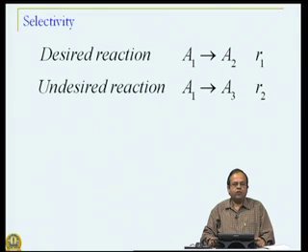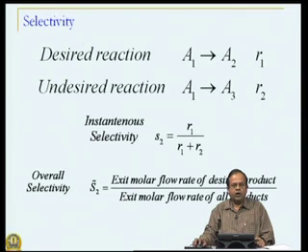So, we have to define what we term as selectivity, and in the last class we defined two different kinds of selectivities. One is the instantaneous selectivity, small s2, which is the ratio of the rate of the desired reaction to the total rate of consumption of A1, both in the desired as well as the undesired reaction. So, R1 by R1 plus R2.